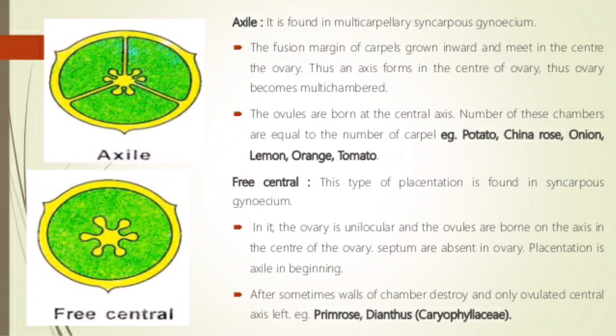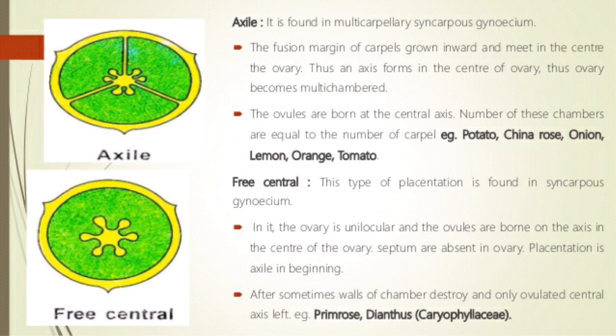Free central. This type of placentation is found in syncarpous gynoecium. In it, the ovary is unilocular and the ovules are borne on the axis in the center of the ovary. Septa are absent in the ovary. Placentation is septate in the beginning.